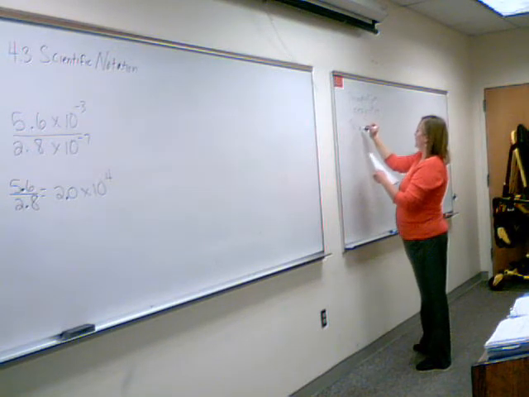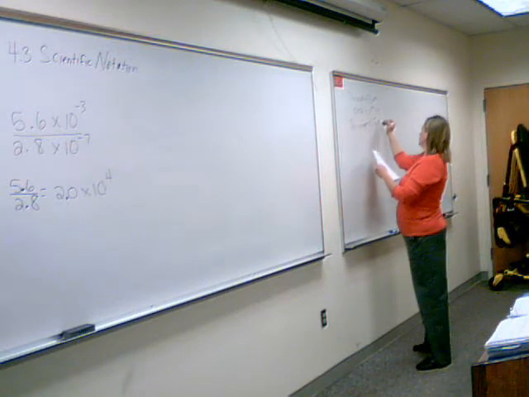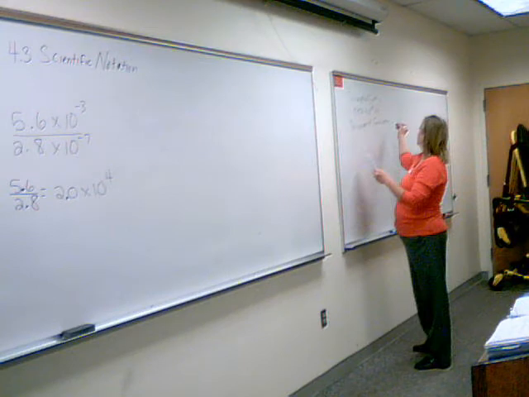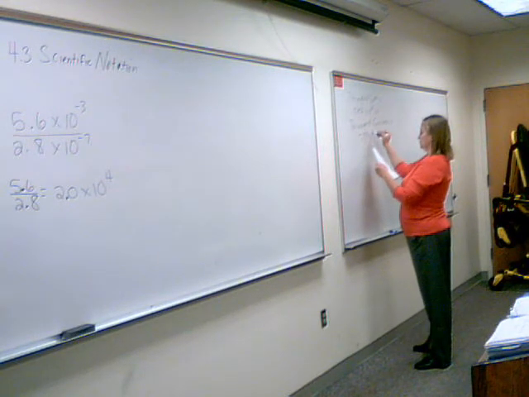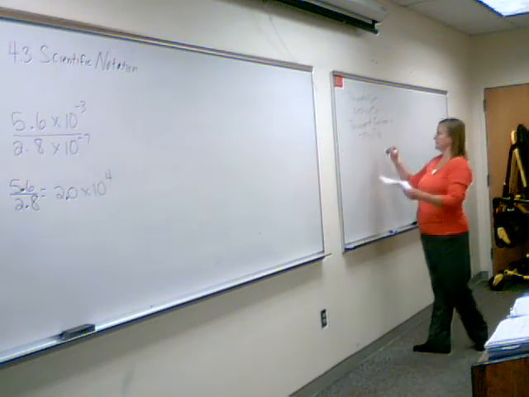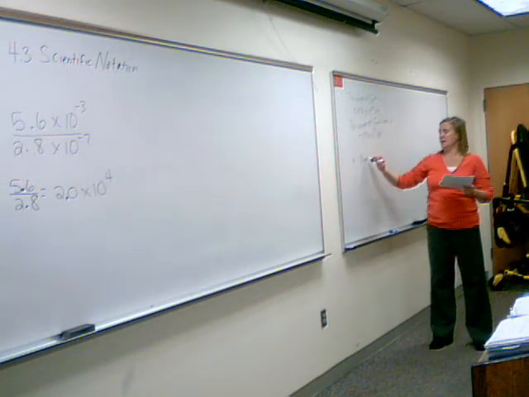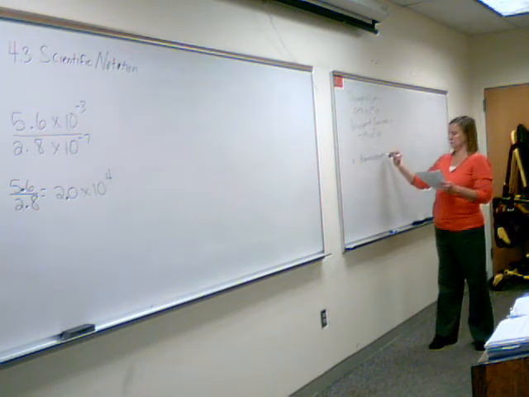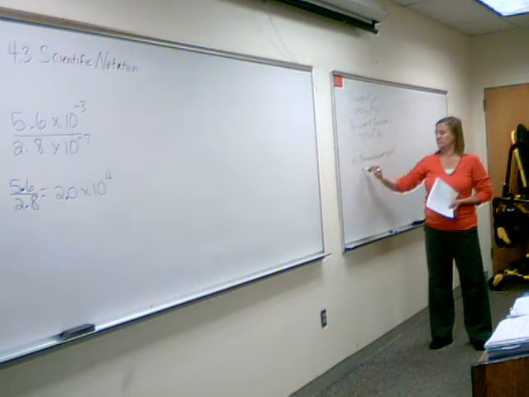The weight of Earth's moon is 7.35 times 10 to the 22nd kilograms. The question is, how much greater is Earth than the moon?